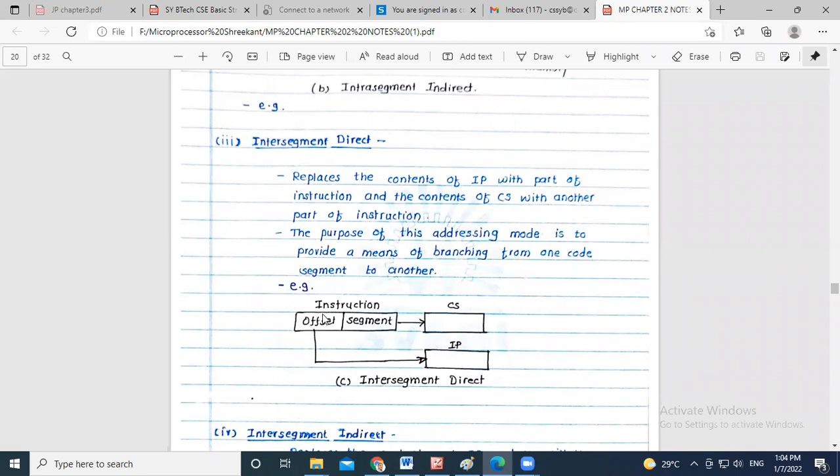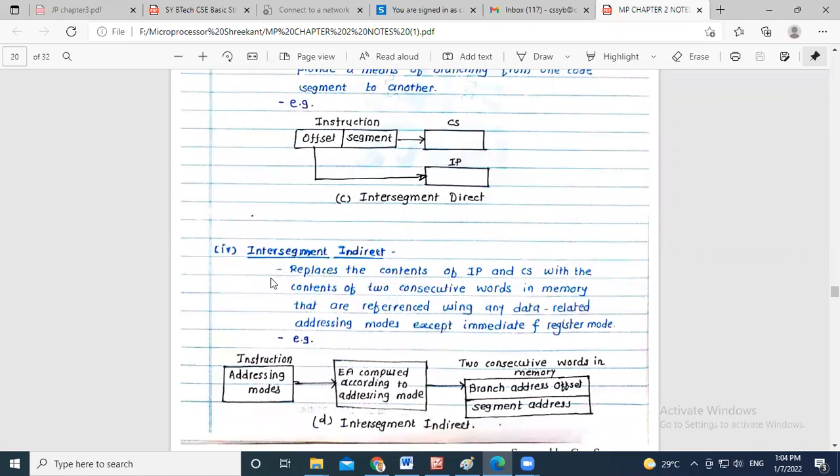So in this instruction there is the offset and the segment with the code segment, and the instruction pointer with a different point, directly through the offset address. It's the intra segment direct addressing mode in the branch related.